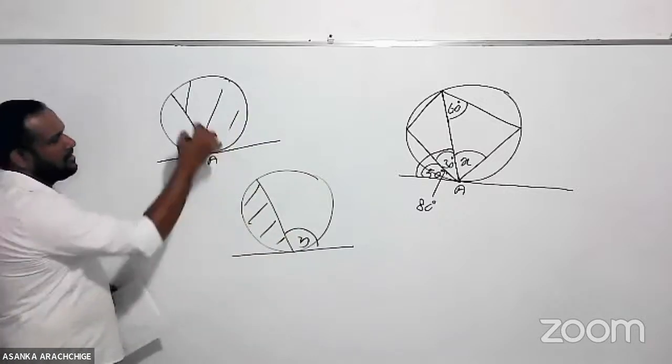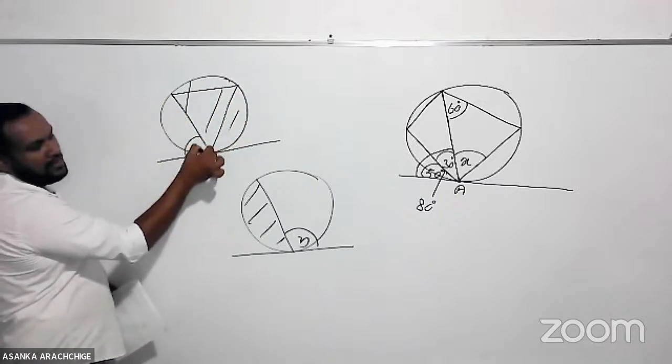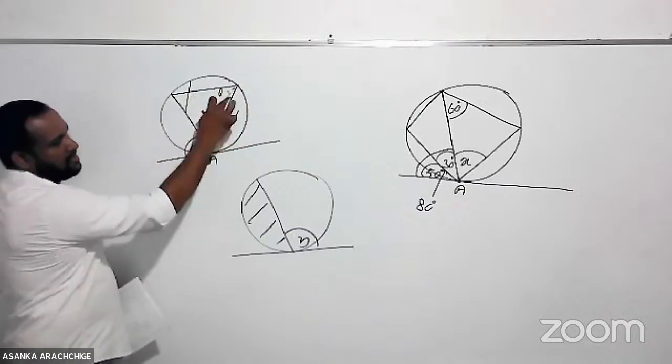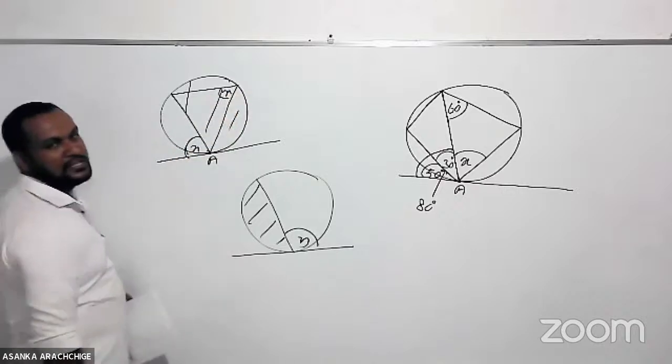Then the angle subtended by the chord in the alternate segment is equal to this angle. If this is x, this is also x.